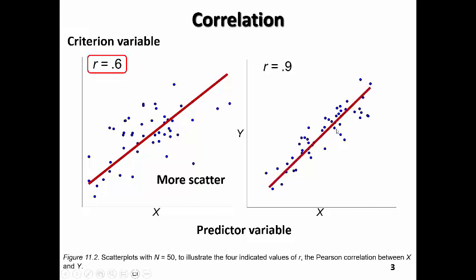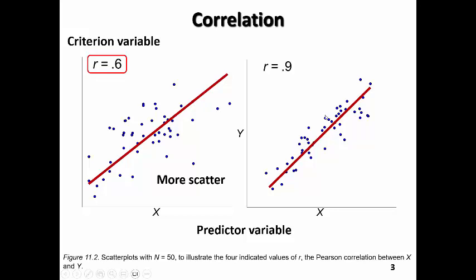On the right-hand side, here we see a similar relationship between x and y, in that as x gets larger, y gets larger, but we see that the actual blue raw data points are clustered closer to this regression line as it was on the left-hand side.